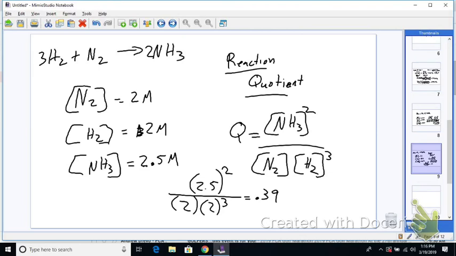If this number came up to be really small, like something to the minus third, like 0.003, then it's going to have to shift to the right to make more products so it gets into equilibrium.